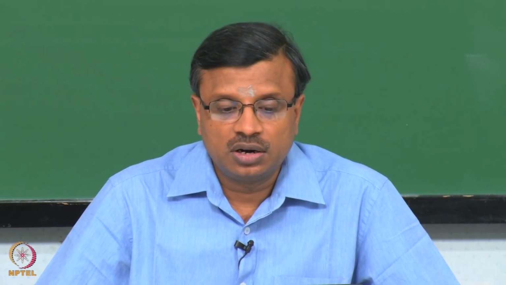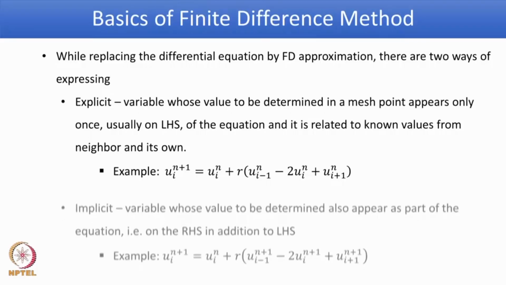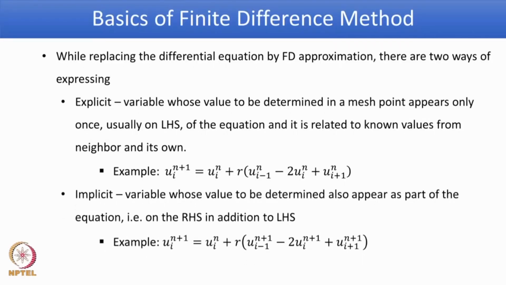The second one is known as an implicit formulation, where the variable whose value is to be determined also appears as part of the equation. If you write the finite difference equation, you will observe that the variable for which you are trying to solve appears both on the left hand side as well as on the right hand side.